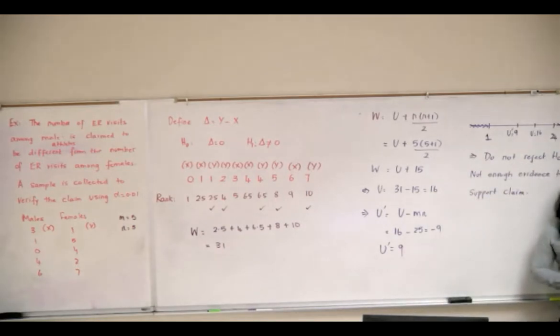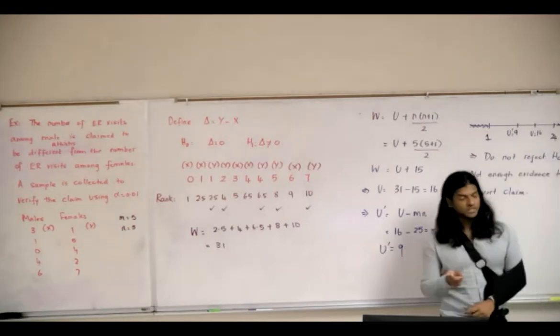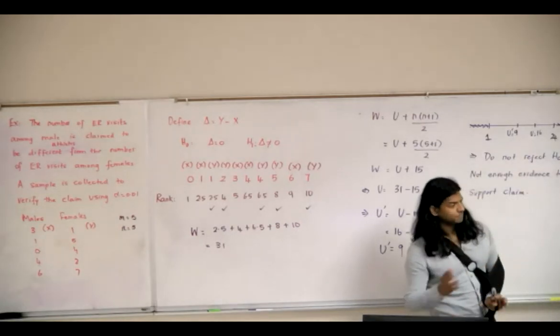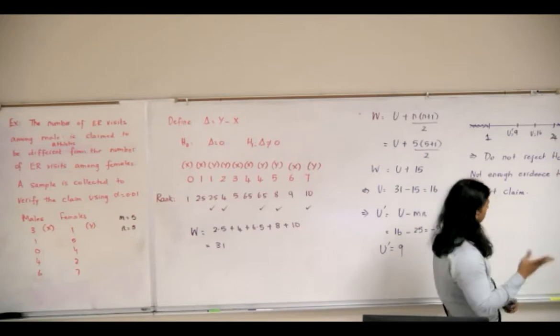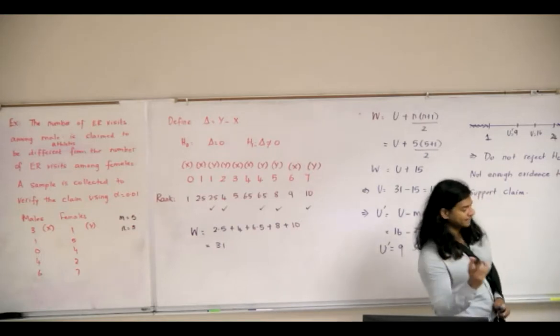Is U prime the only one we're testing for? That's good enough, I just put in U. So in this case, it really doesn't matter whether you use U prime or U, right? Because you're doing a two-tailed test.